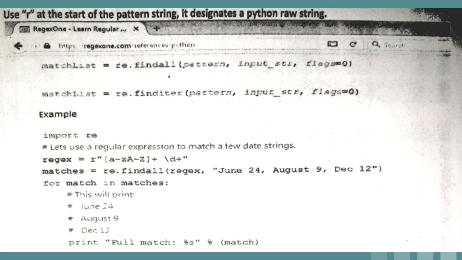After the square bracket we have plus, and after plus we have slash d, and after slash d there is a plus. So what is the meaning of this particular regular expression? The string should start with the characters small a to z or capital A to Z.